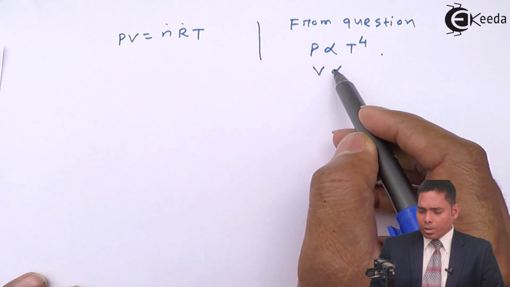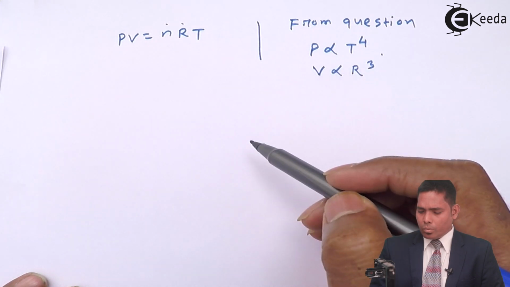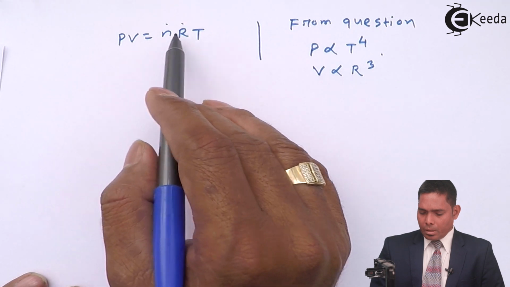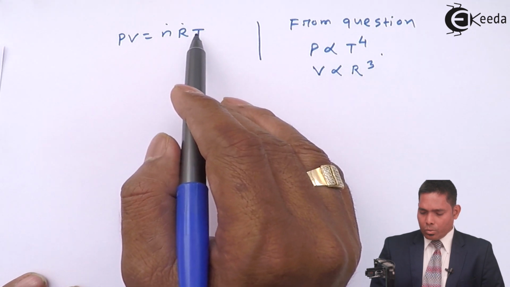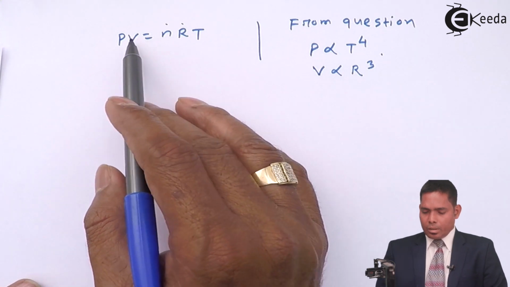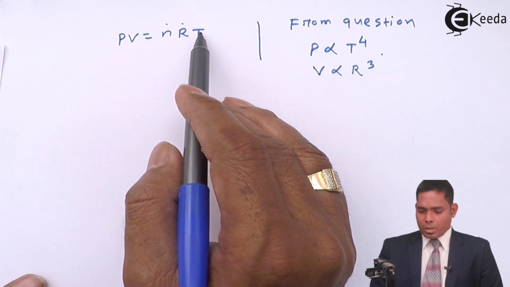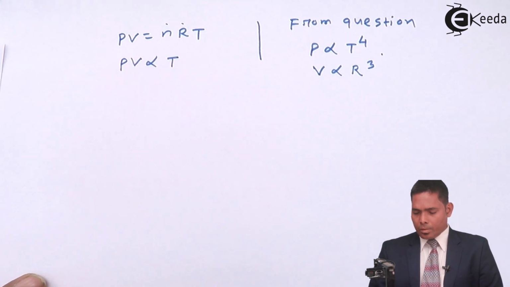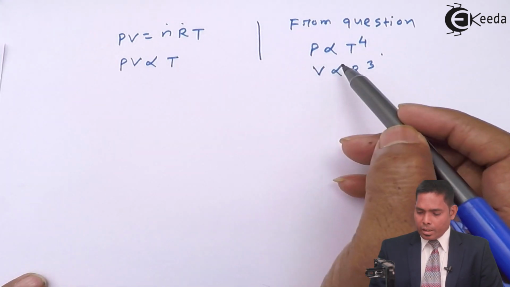The volume is proportional to R cubed, and PV is proportional to T. This R and this R, you should not confuse.